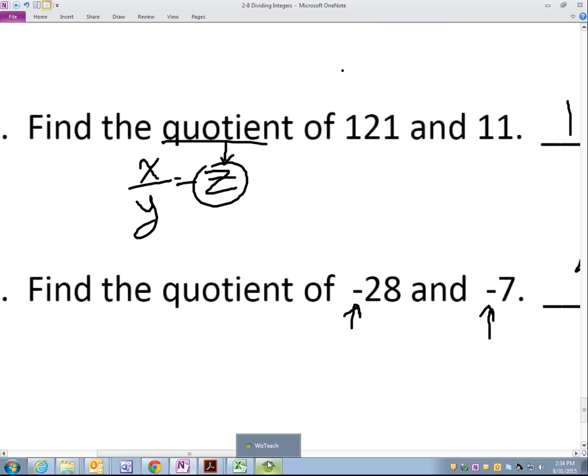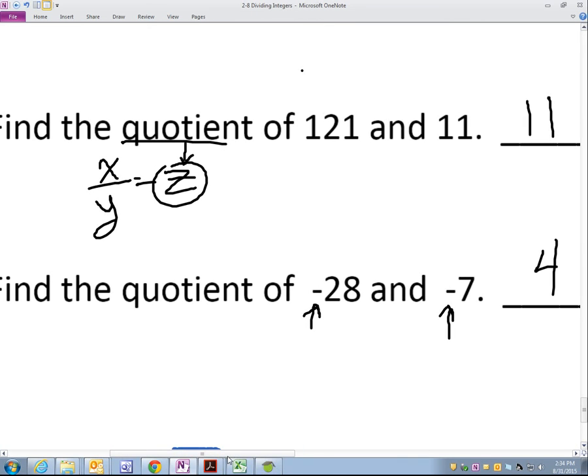I'm just reminding you that quotient is the answer to a division problem, that's all. Because it's just any variable, any number. For any number x, y, and z, x divided by y is equal to the quotient, which is z. That's all I'm showing you. That's not something new. I'm just showing you that applies to everything.